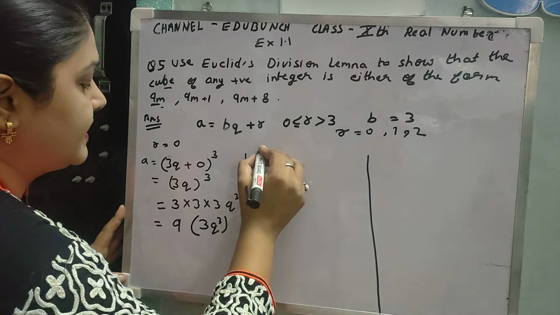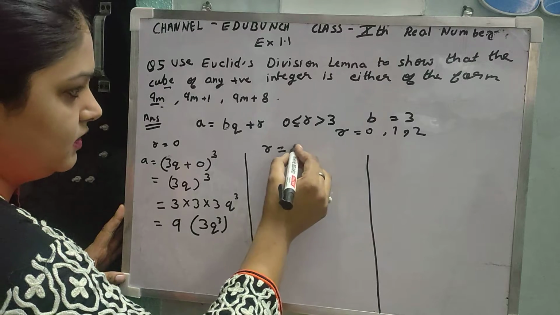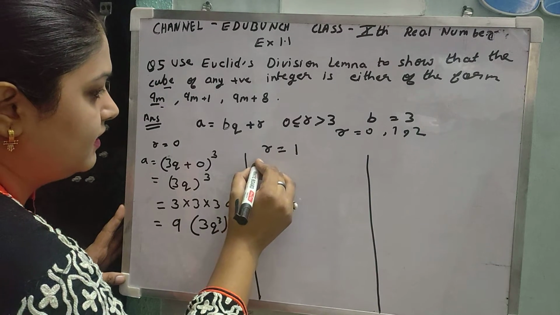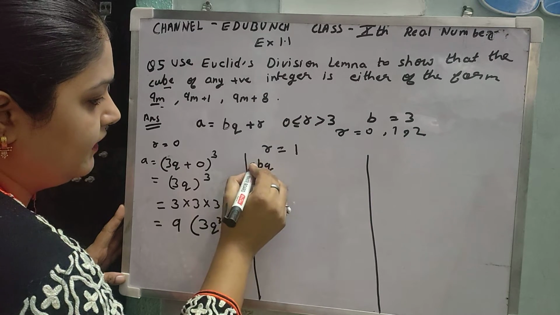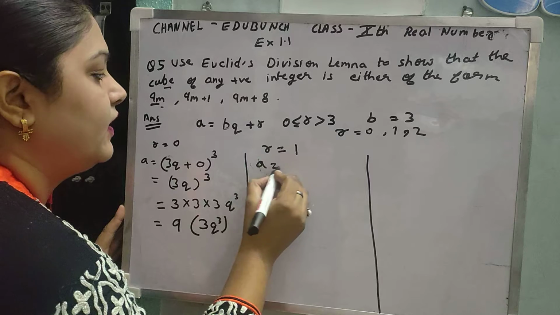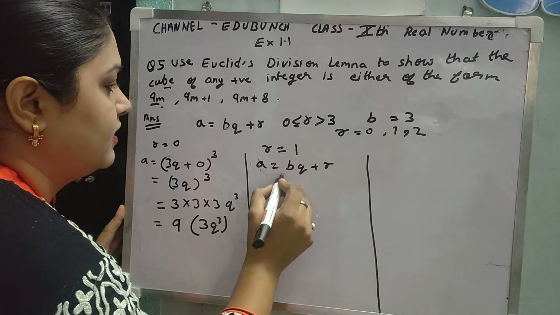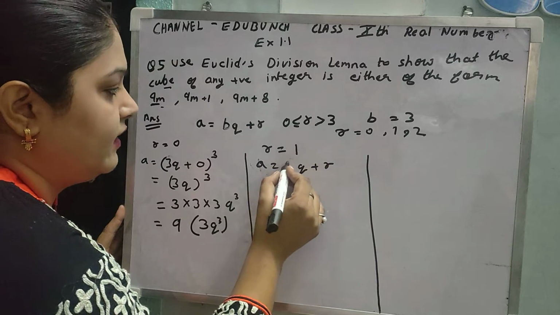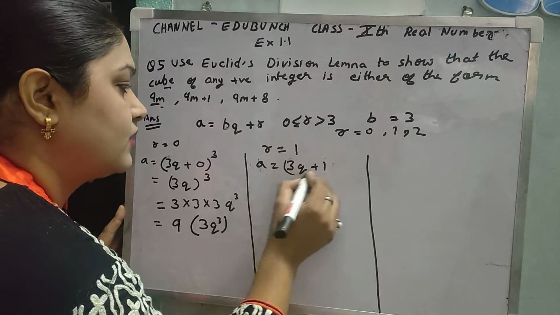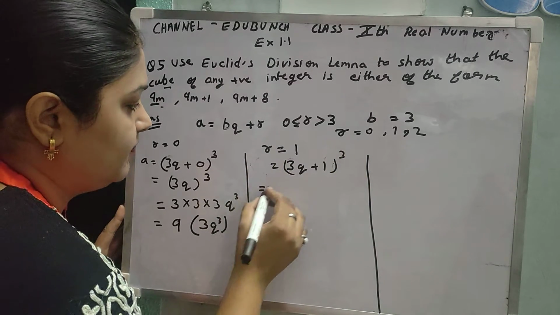Now for the next case we are solving r is equal to 1. Here a is equal to bq plus r, and b is 3 and r is 1. The question is asking about the cube, so we take the formula.